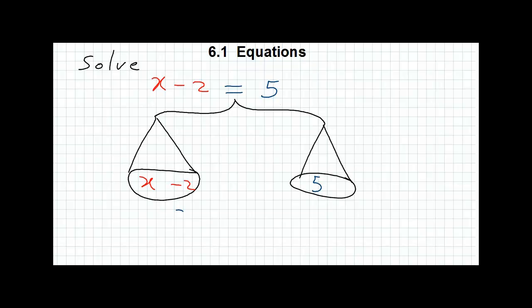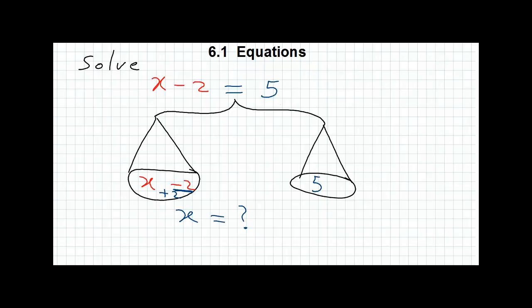Now we want to know what is the value of x. This is the question, and this is the meaning of solving any equation. If we want to know that, we need to isolate x in one of the sides of this scale. So we want to get rid of -2 here.